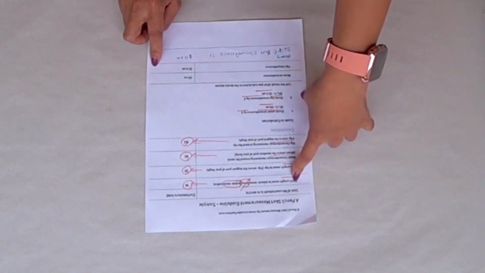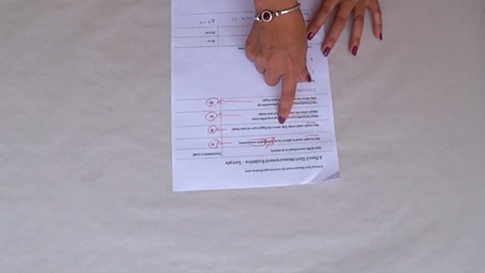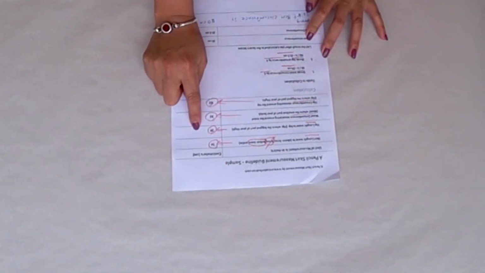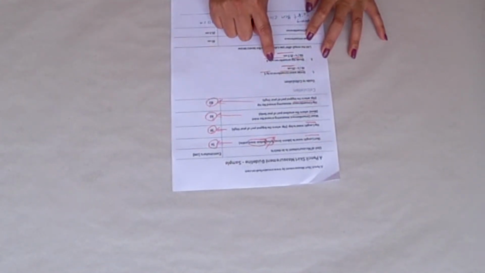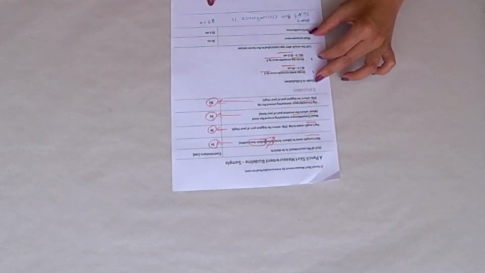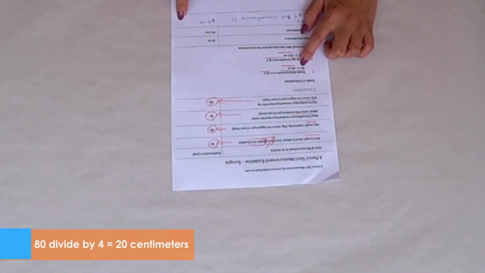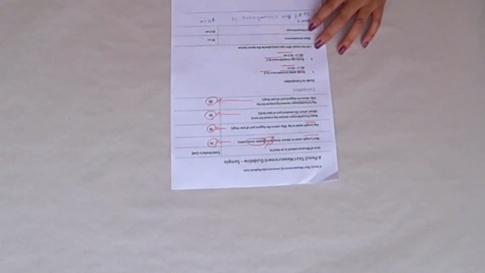So my skirt length is 56, my waist to hip, my hip length, is 20, my waist circumference is 80, and my hip circumference is 102. When you come down here, you see the guide to calculation. You divide waist circumference by 4, so 80 divided by 4 is 20 centimeter.